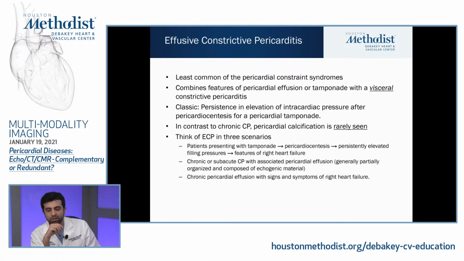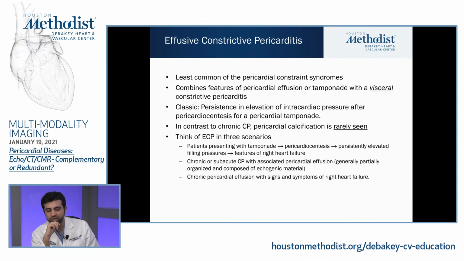And the classic definition of it is that a person would come in with pericardial tamponade. You would drain the effusion, but they still have elevation of intracardiac pressures. So in contrast to the run-of-the-mill constriction, you wouldn't necessarily see pericardial calcifications, which are already not necessarily a definitive requirement for constriction.